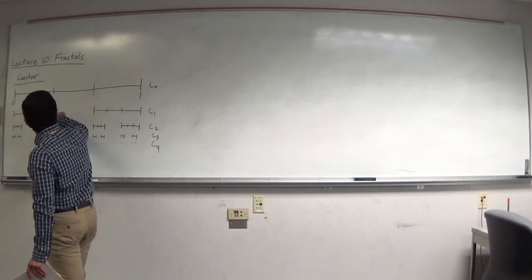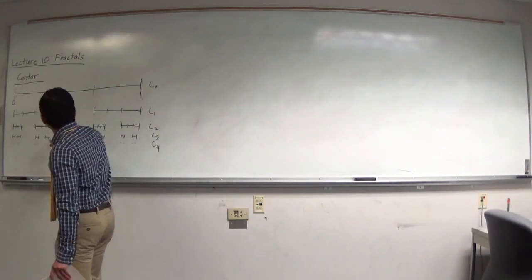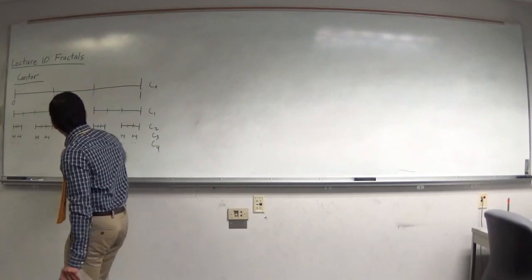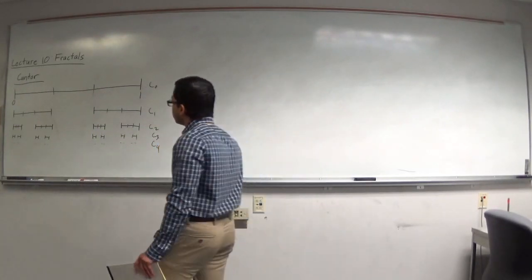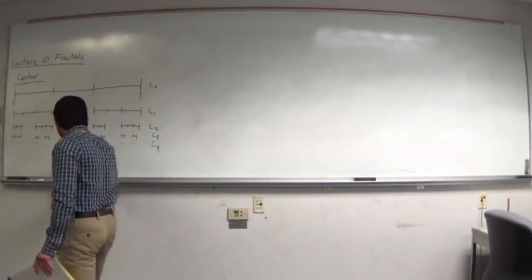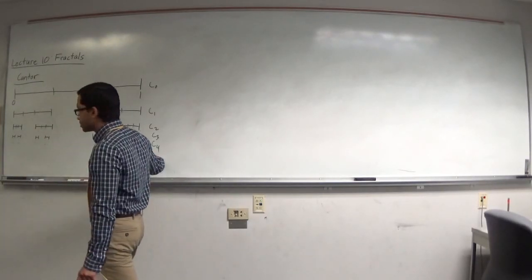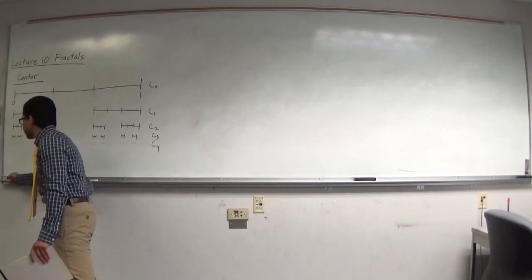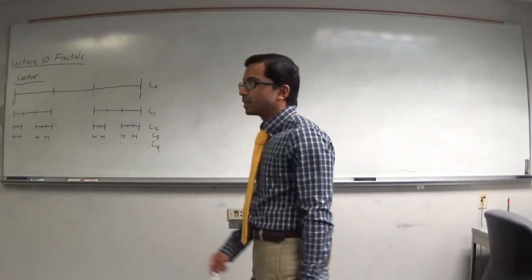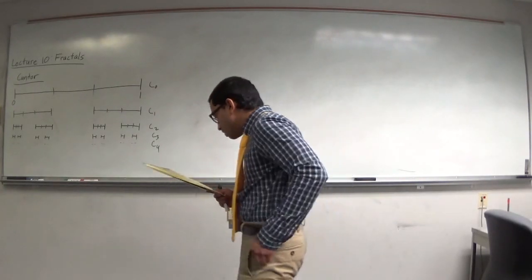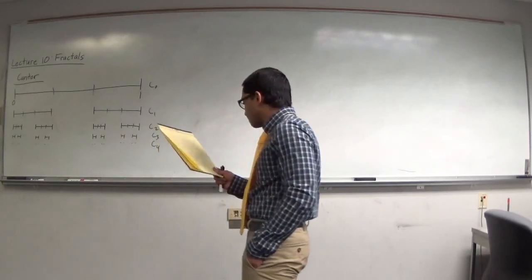So this looks exactly like C0, this looks exactly like C1, this looks exactly like C2, and that looks exactly like C3. So even if you took this off to infinity and looked at the entire Cantor set, and then just restricted yourself to a third, then you get the same thing. It looks the same. So it has self-similarity.